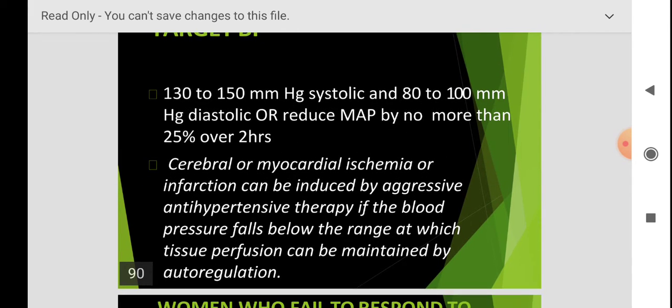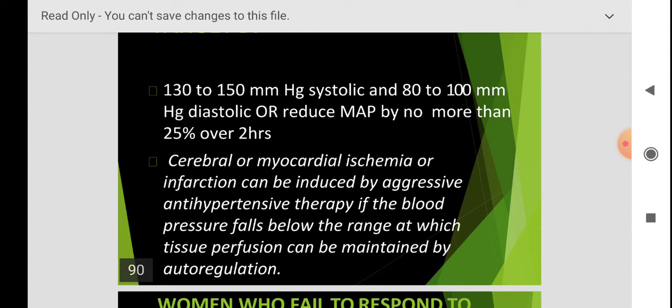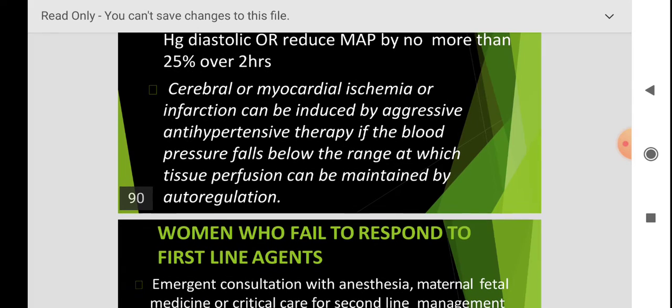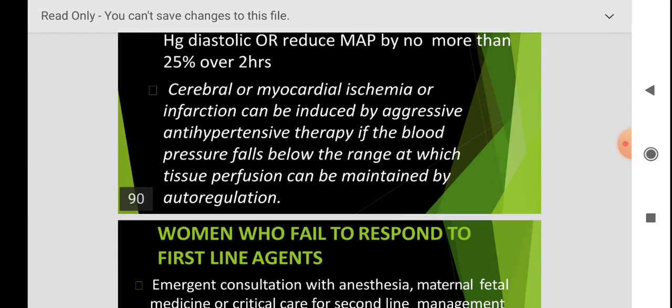The target BP should be systolic between 130 and 150 and diastolic between 80 to 100, or mean arterial pressure should not fall more than 25% over 2 hours. Cerebral or myocardial ischemia or infarction can be induced by aggressive antihypertensive therapy because the blood pressure falls below the range at which tissue perfusion can be maintained by autoregulation.